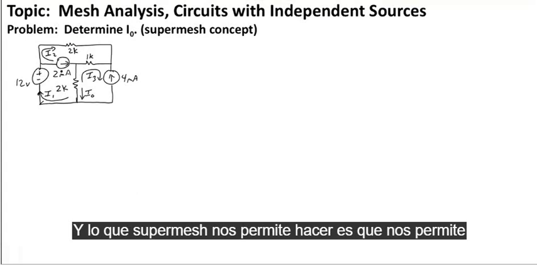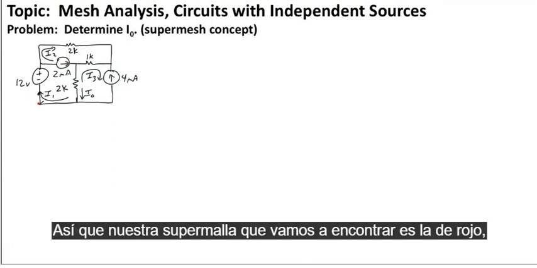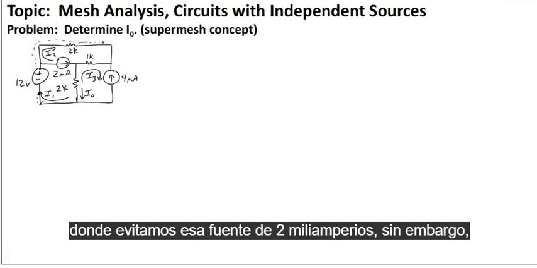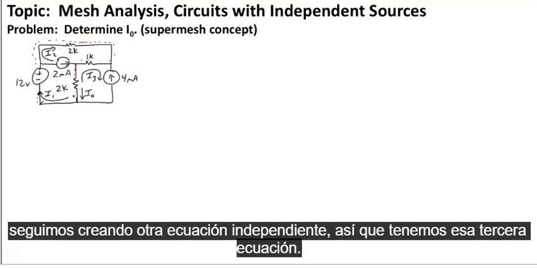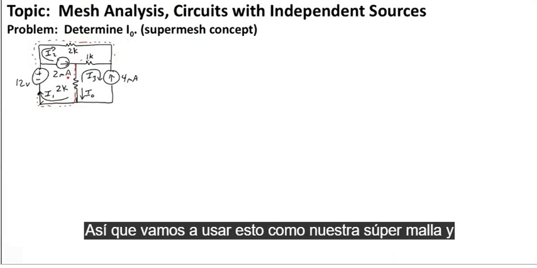What super mesh allows us to do is avoid that current source when we're summing the voltages around the loop. So our super mesh that we're going to define is the one in red, where we avoid that 2 milliamp source, yet we still create another independent equation, so we have that third equation. So we're going to use this as our super mesh.